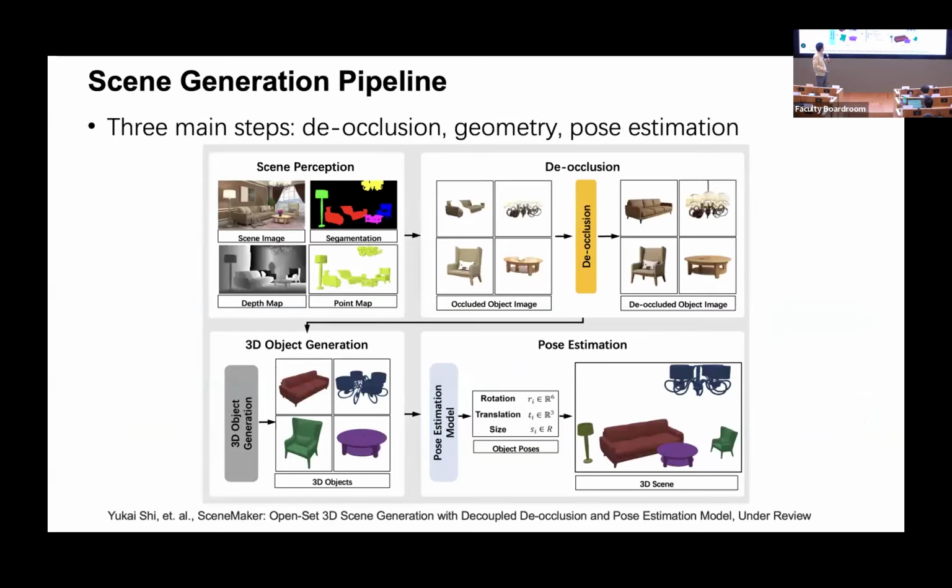What they do is they take the occluded object image, and from those occluded images, they train a 3D object generation model directly. We find that the system performs much better if you first generate a complete image of the object.